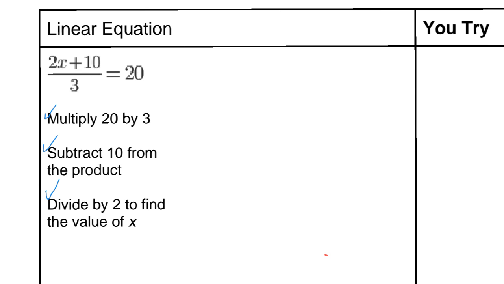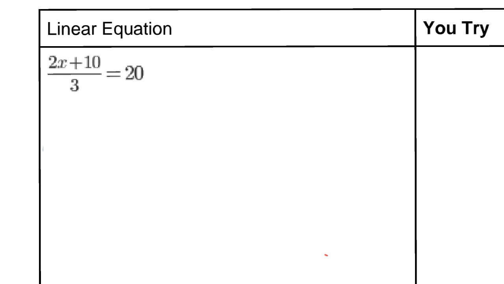Now that's how a lot of people do it, right? But we're going to do this using our favorite method. It's called cross product. Like I said before, I'll show you how this works.